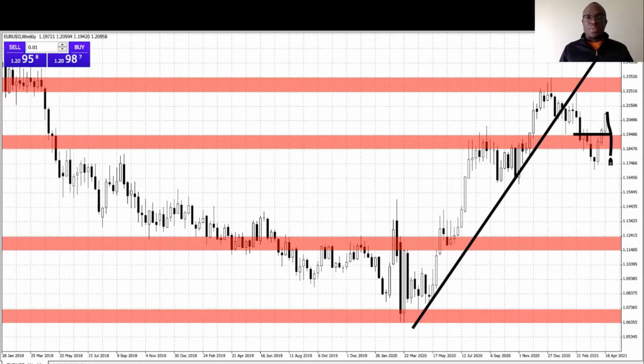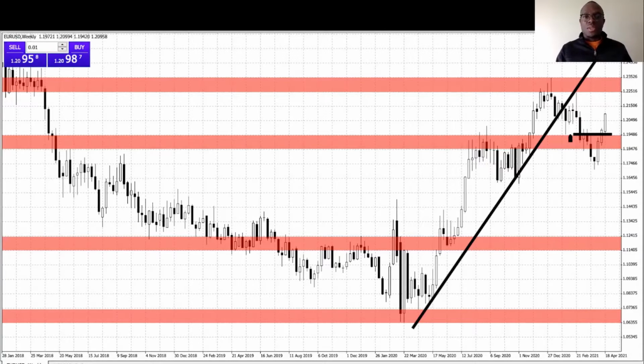These are the movements that we are expecting in the coming week, but mainly we're expecting movement to the upside, right, where the price will seek to test 1.22516, or where the price might just pull back before moving all the way to the upside.